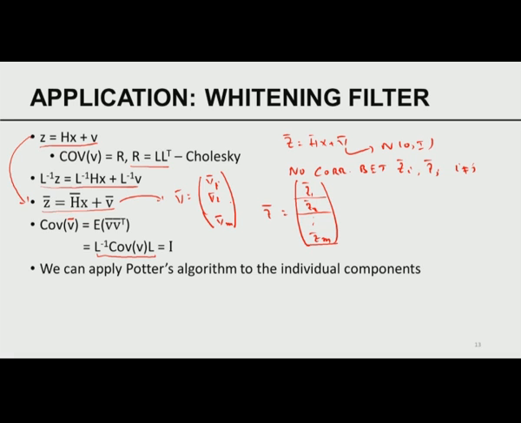If there are m single uncorrelated observations, I can apply the Potter's formula one at a time. So I start with the forecast, you assimilate the first component, you get an analysis. Then start with that analysis, assimilate the second component, then you get another analysis. You start with that second analysis, assimilate the third observation, you get the third analysis.